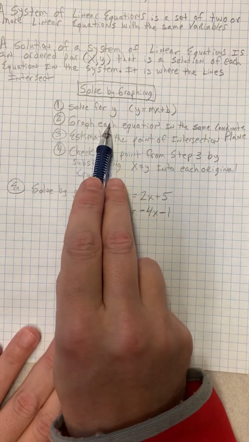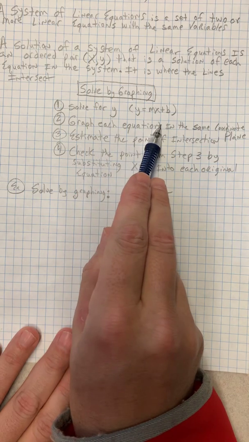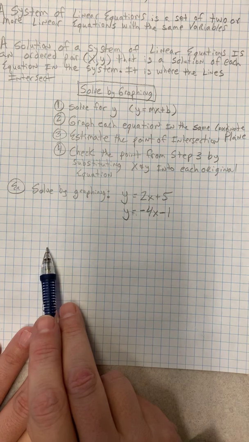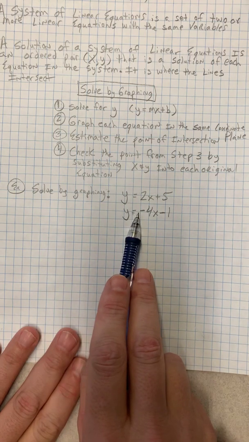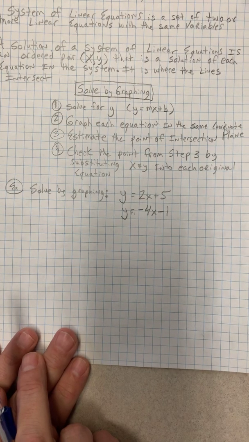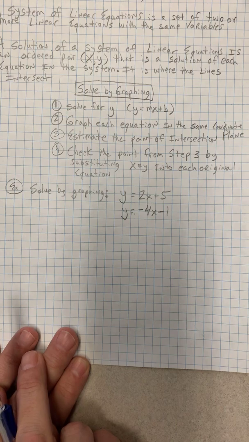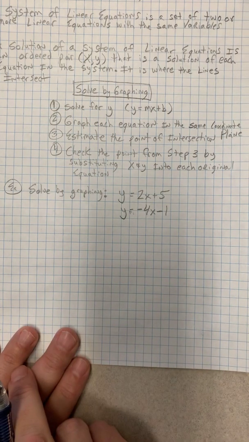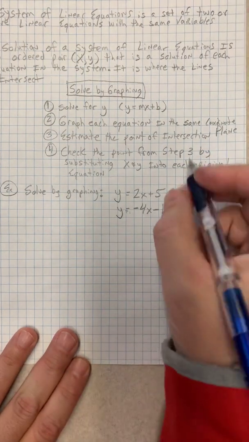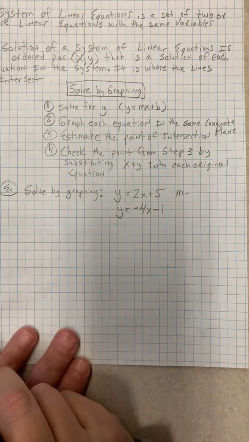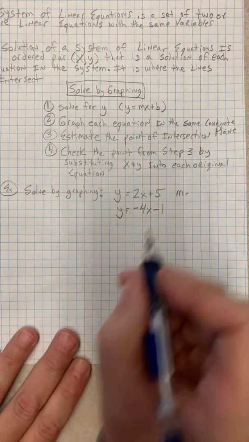Solve for y. Ask yourself, does it look like y equals mx plus b? If it does not, make it look like y equals mx plus b. Look at these. Do they look like y equals mx plus b? They do. This is going back to 4.2. Once it looks like y equals mx plus b, the easiest way to graph is to identify my slope, or my m.